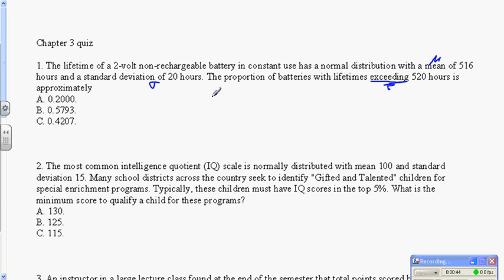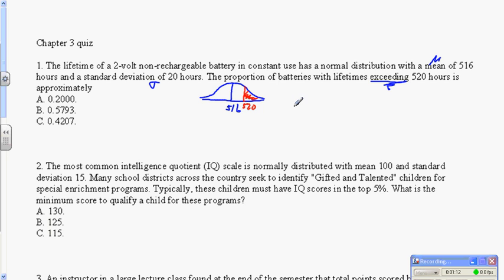Again, very good practice to make a normal curve where this is the mu, 516, and they wanted to know how many exceed 520. So the graph is important for us to know what area we're trying to look at.